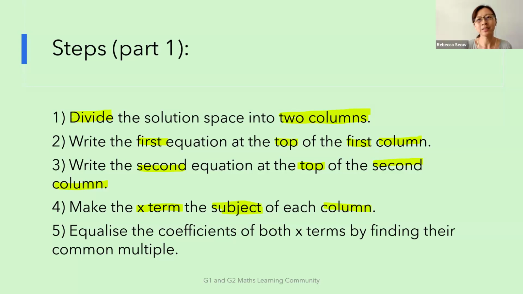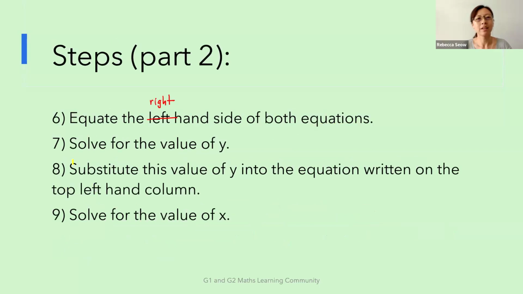If the x term is 10x, we'll leave it as 10x on the left-hand side. Now next, we move on to equalize. That means to make the same, the coefficients of both x terms by finding their common multiple. Following that, equate the right-hand side of both equations, and we solve for the value of y.